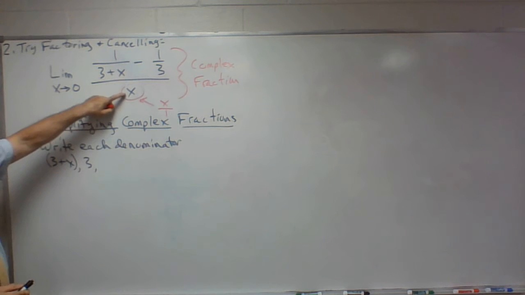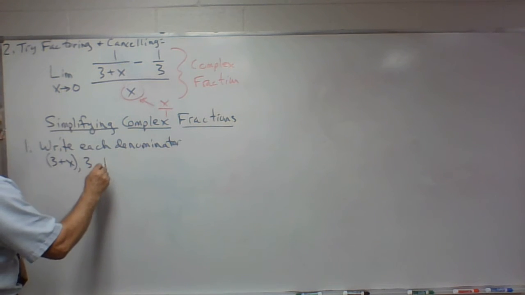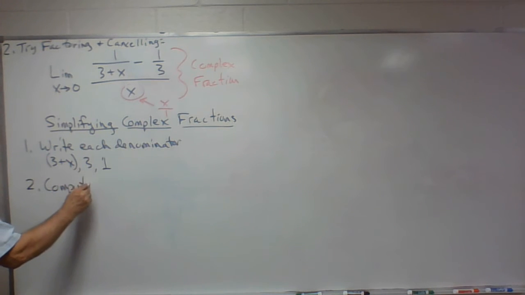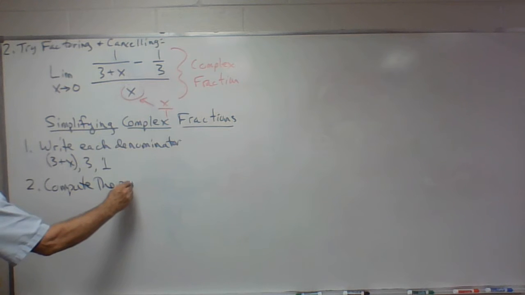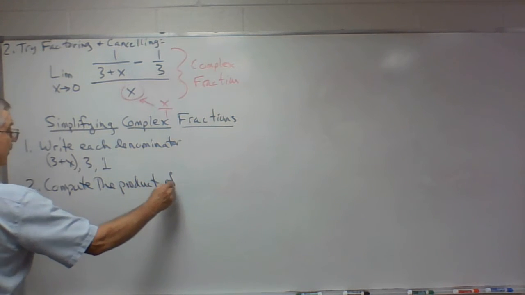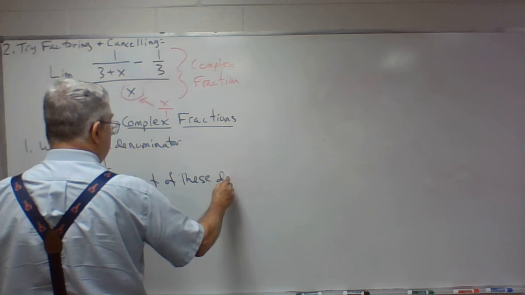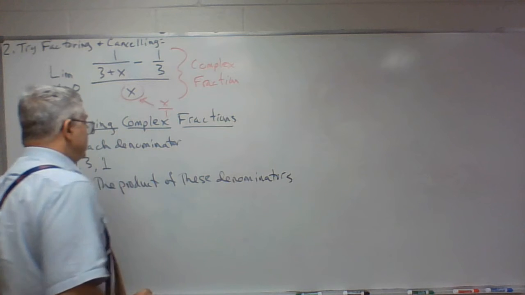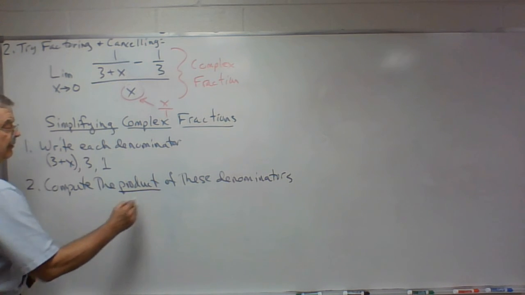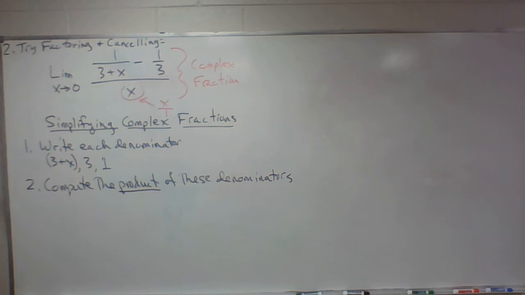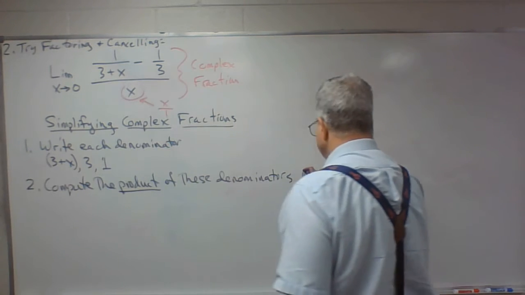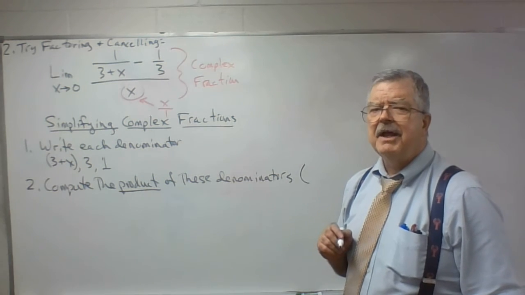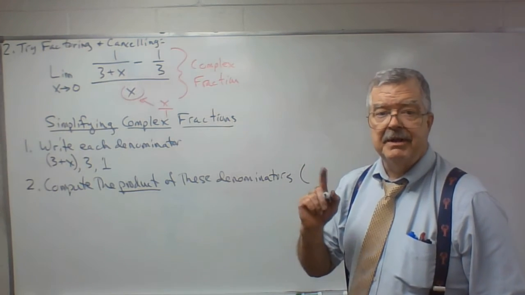So we can say that this has a denominator of 1. The next step would be compute the product of these denominators. This won't always give us the least common denominator, but it will give us a common denominator.